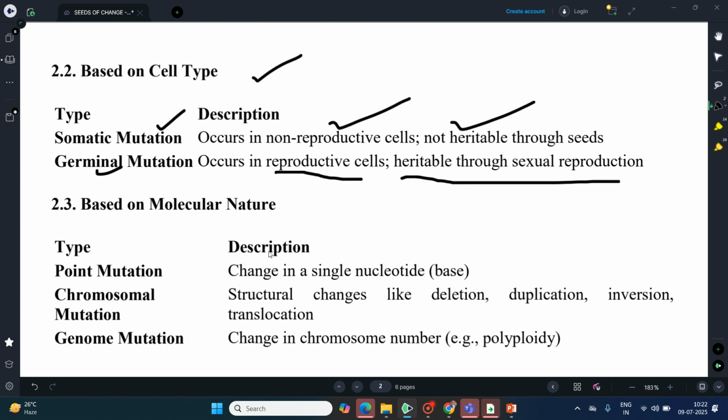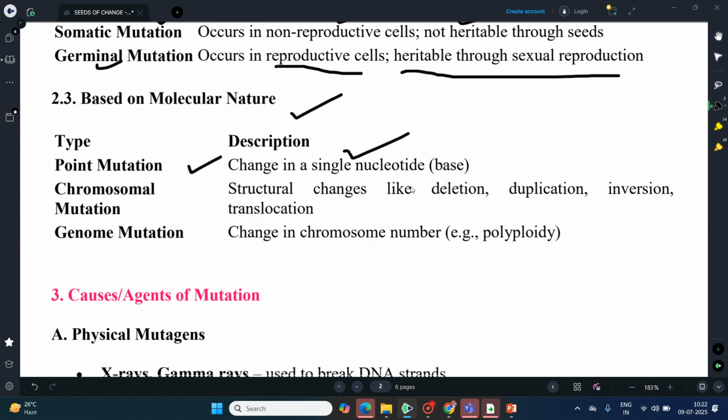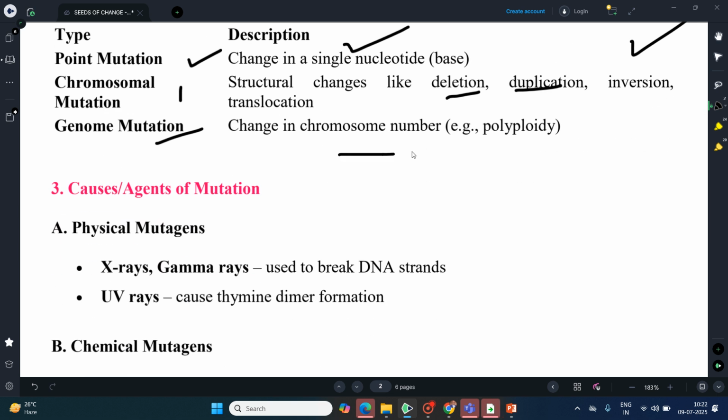And third is based on molecular nature: the point mutation, change in a single nucleotide, that may be in a base. And chromosomal mutation, which has structural changes like deletion, duplication, inversion and translocation of chromosome. And genome mutation, that change occurs in chromosome number, for example polyploidy in nature.